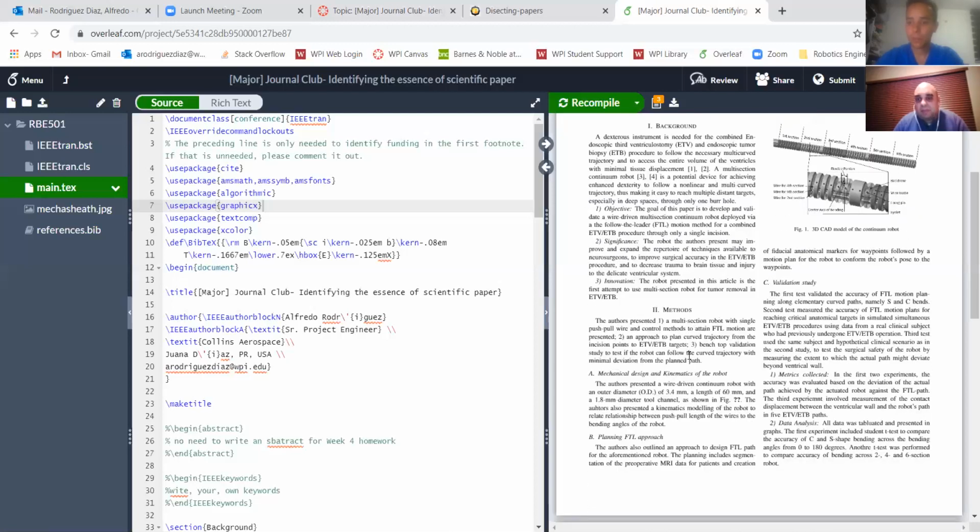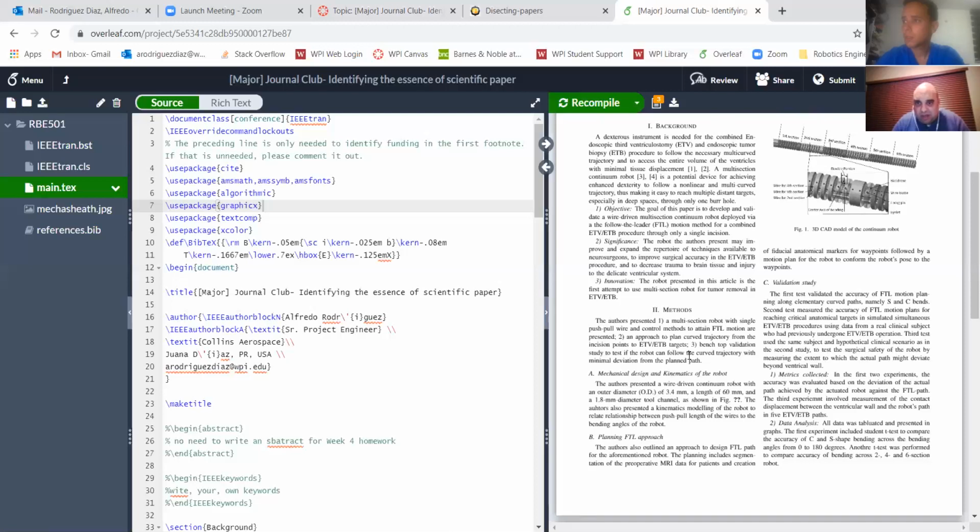Yes, I understand what you're saying, and I think you could do that, but I'm seeing it in a slightly different way. For example, when you speak about the background, let's say we're reading this paper and it says a dexterous instrument is needed in the combined endoscopic third, and so on.